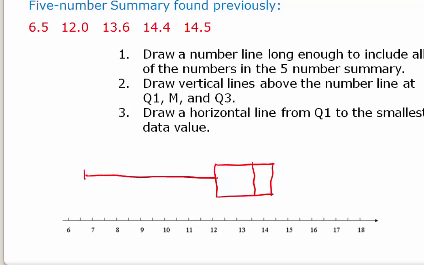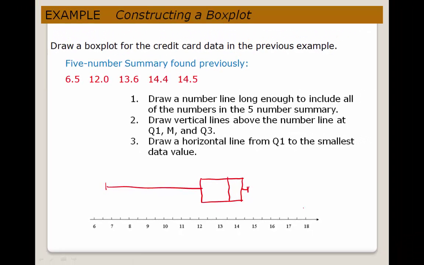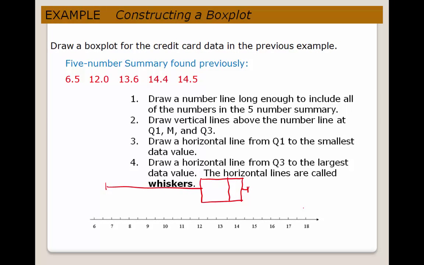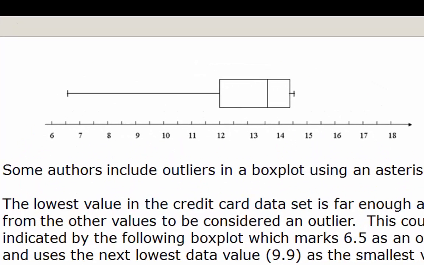So we'll have this whisker. And then the largest data value was 14.5. So it will be out here. And of course, if you use software to construct your plot, it looks a lot neater.